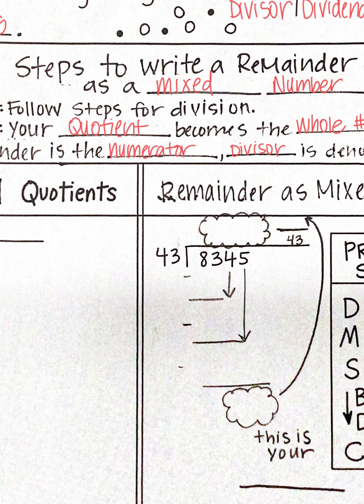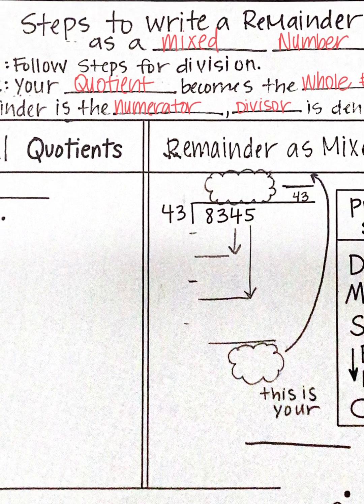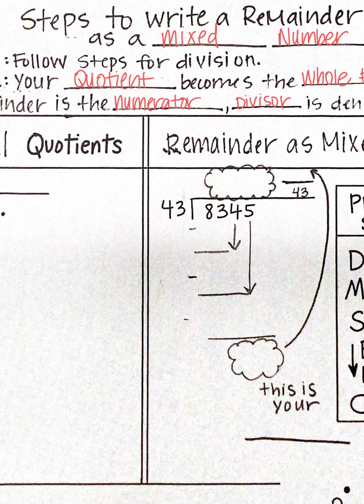All right, so you see that we have this problem here. We already know how to divide the divisor into the dividend, so we're going to follow our normal steps for division. The first step is to divide, multiply, then subtract, then bring down, and then we check and repeat.